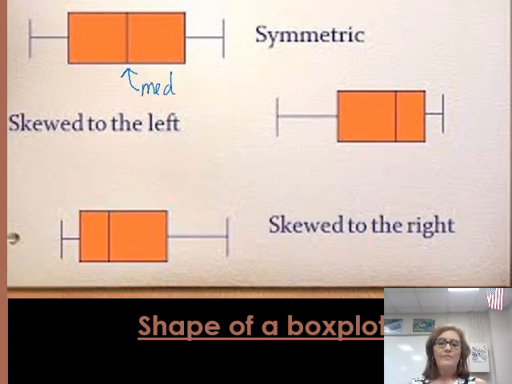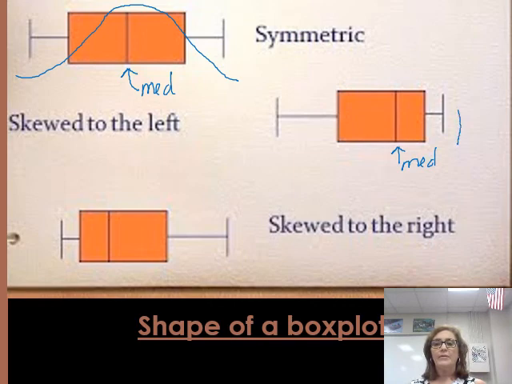If we drew the curve over the top of it, you can see that it's pretty symmetric. So this would be a symmetric distribution. If we look at the second one, again, this line right here is our median. If I drew a curve over it, it's going to go up and then fall to the left. So this one is going to be a skewed left distribution.